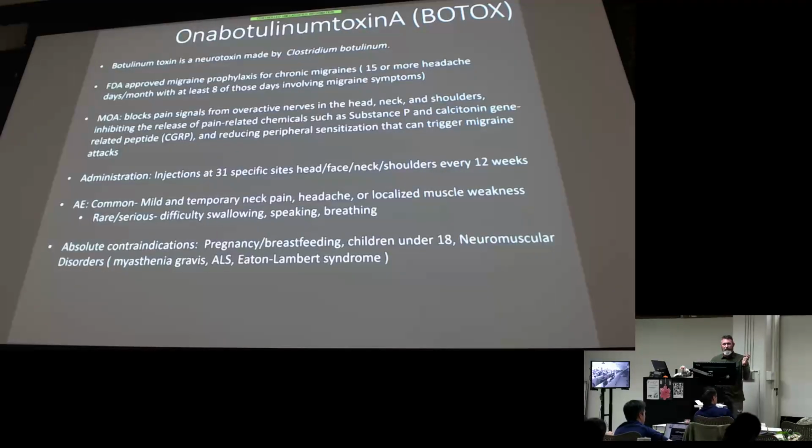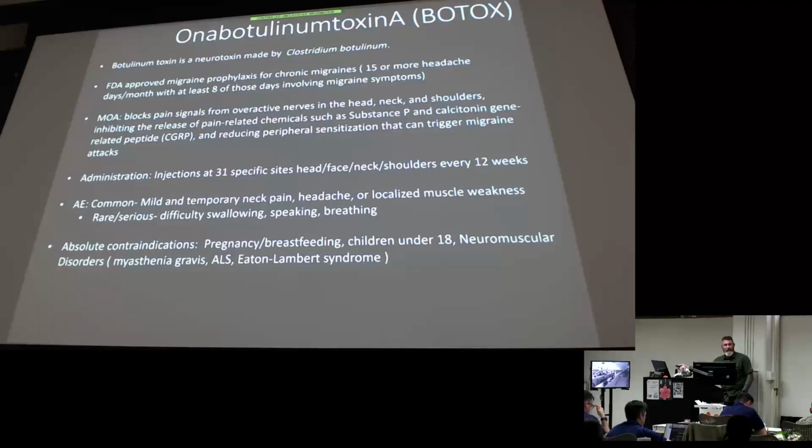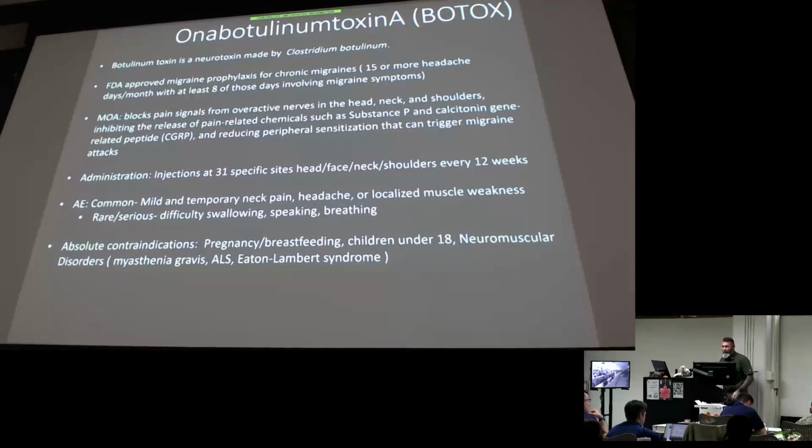Bring the patient in. It's 31 spots. I'm not going to worry about the dosage and all that good stuff. Just know it is on the PANCE blueprint and the PANRE blueprint. Botox as a prophylaxis. Apparently, it works really well. So definitely something you can recommend to your patients, or you can get trained in and learn how to do it. Probably this is happening more in neurology or pain.